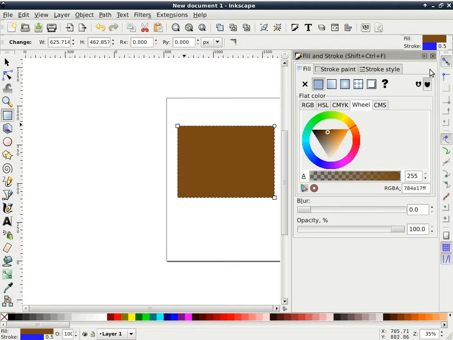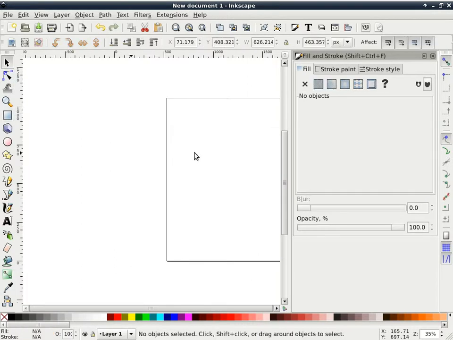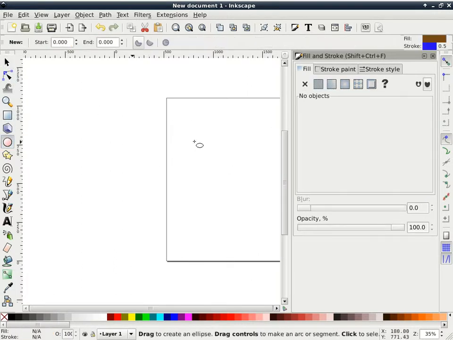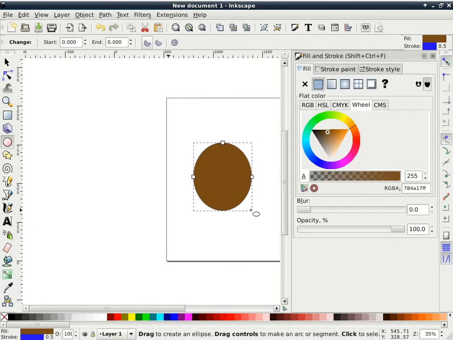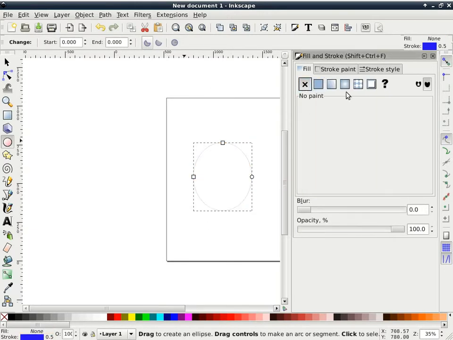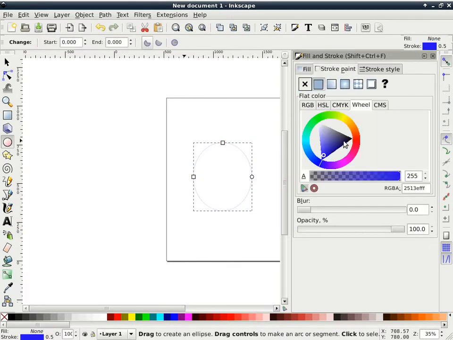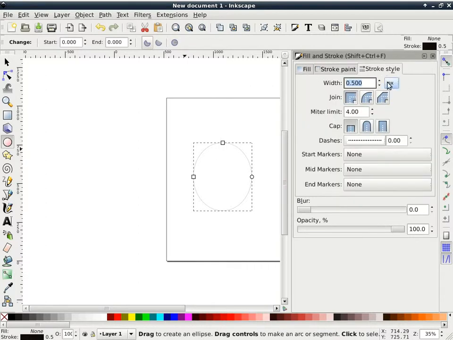Oh, this is the wrong tool to use. Okay, keep that. Okay, what I want to do is to draw a circle. And I want to get rid of this. Green, black. And increase. Make it bigger.